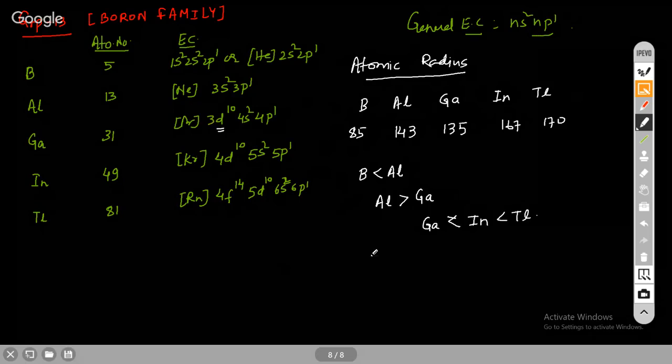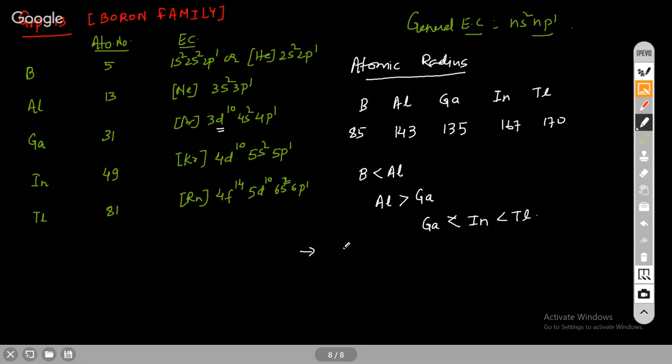So the general trend given in the book has many different factors involved, right? So what we can say is the atomic radius of these elements does not follow a regular pattern. It increases from boron to aluminium, then decreases, and then increases.